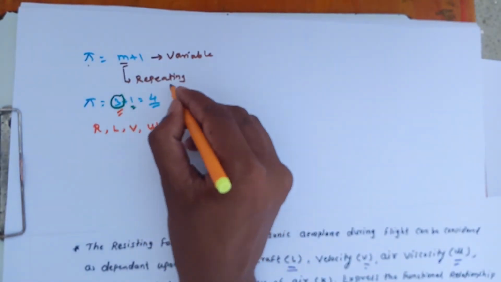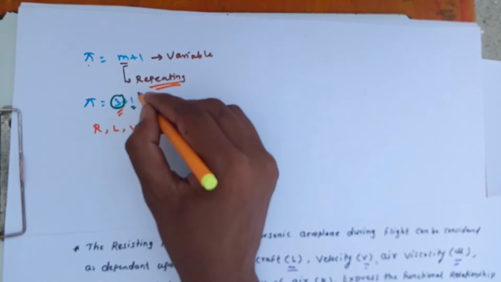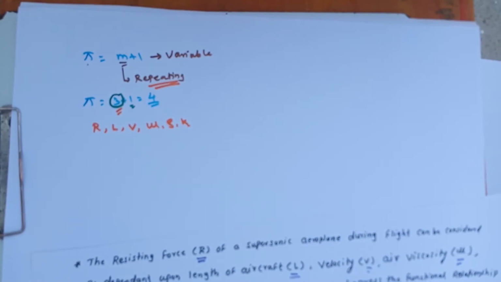Out of these 6 variables we have to select any three as repeating variables. For selecting the repeating variables there are various rules. By following those rules, we will select any three as the repeating variables out of those 6 variables.